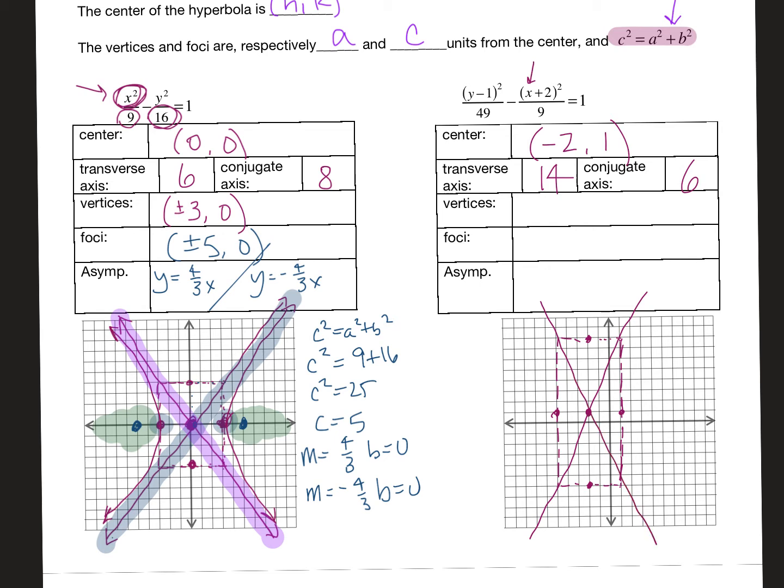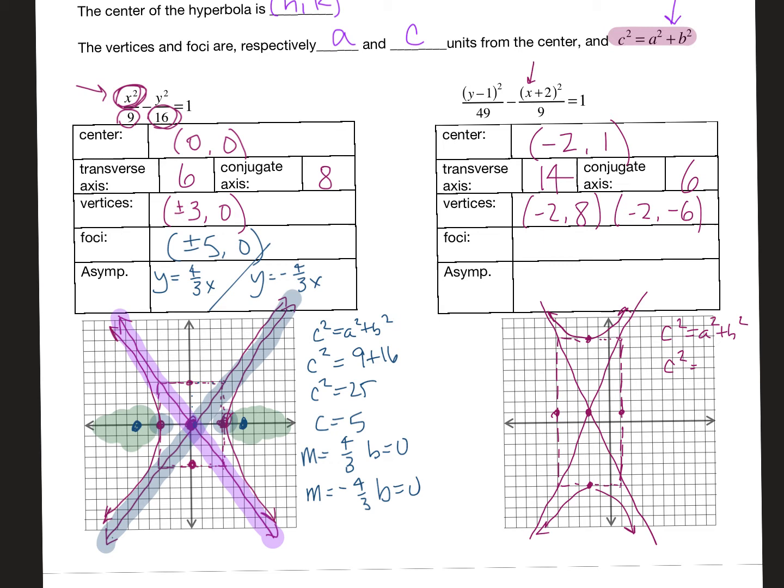This thing opens up and down, so the curves are actually here. Based on the picture, I know where the vertices are. The vertices are at the top and the bottom, so they are at -2, 8 and -2, -6. Then somewhere within those curves are the focal points. So I'm going to have to use the c squared equals a squared plus b squared formula.